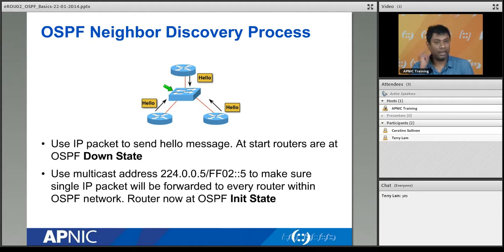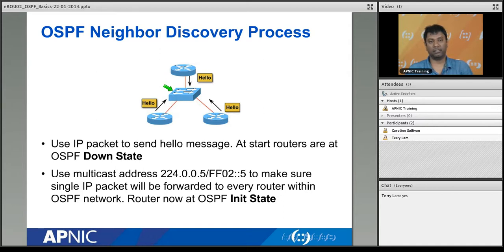For IPv4, the multicast group address is 224.0.0.5. For IPv6, the multicast group address is ff02::5. When each router sends the multicast message, we call this the init stage, or initialization stage. At the initialization stage, they send the multicast hello message.